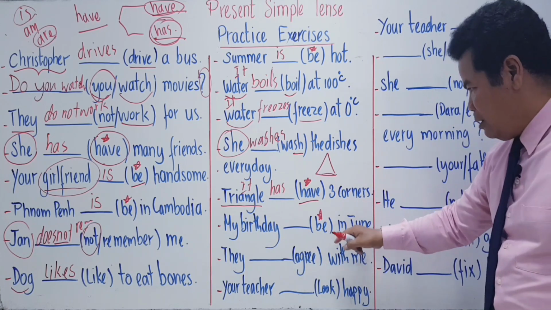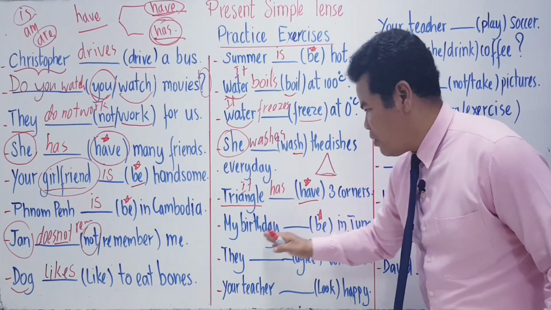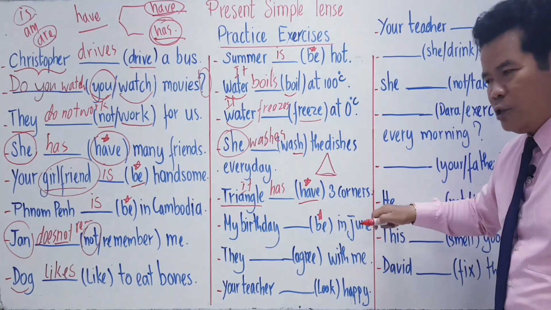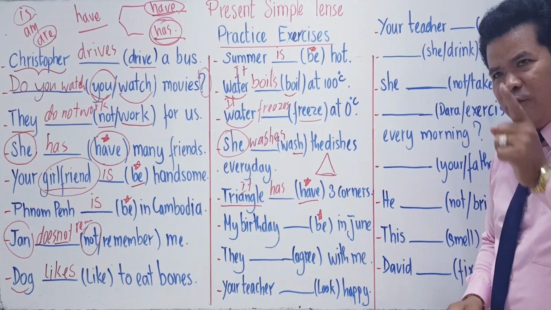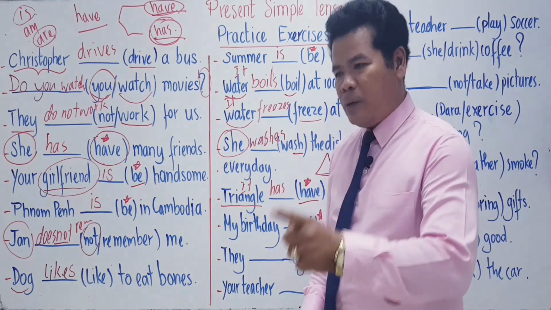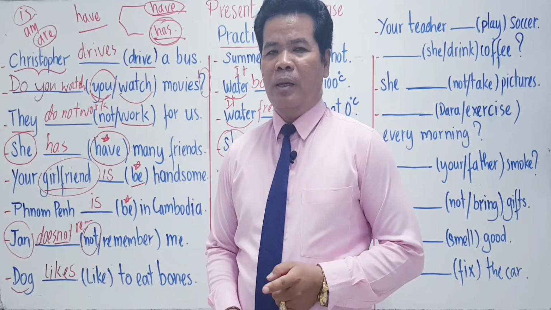My birthday, be again, in June. My birthday, be in the bracket, and then in June. So what are you going to use here? Like what I told you, you have to focus on the subject. If the subject is third person singular, you have to be careful with the verb.